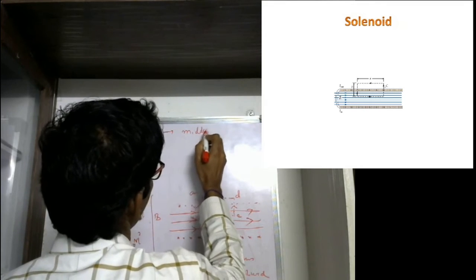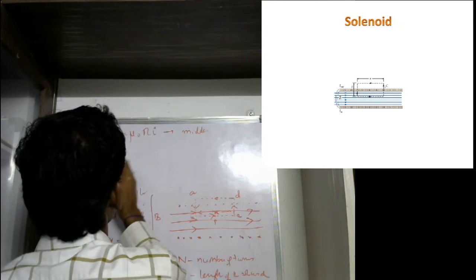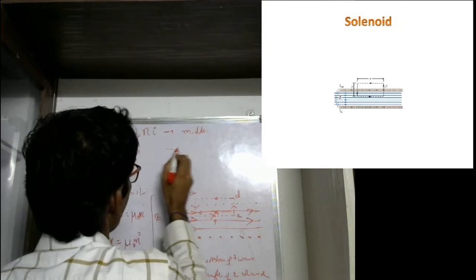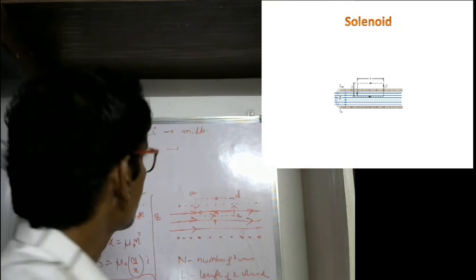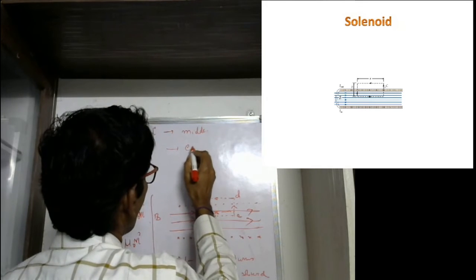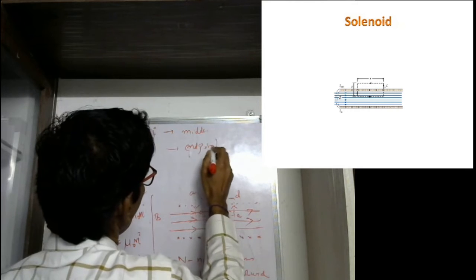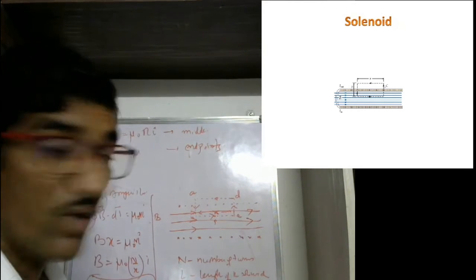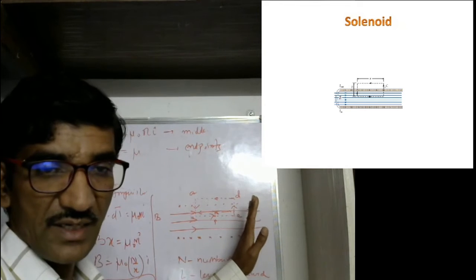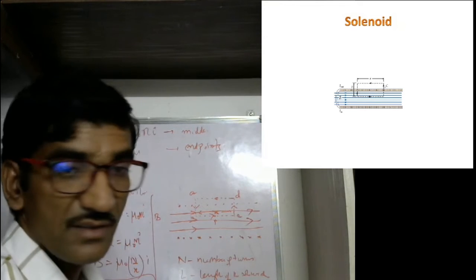Now I want to write the intensity at the edges. This is at the end points, at this edge or that edge.